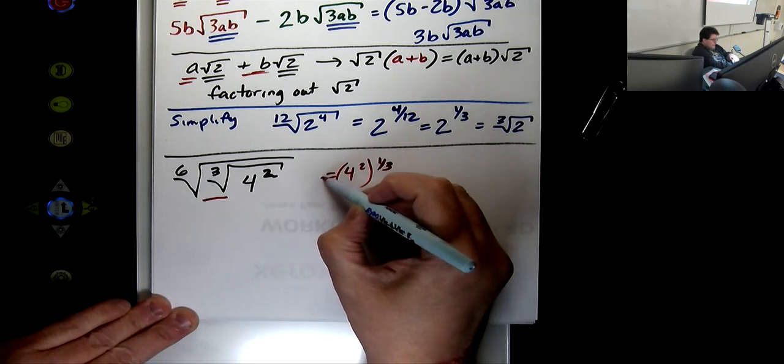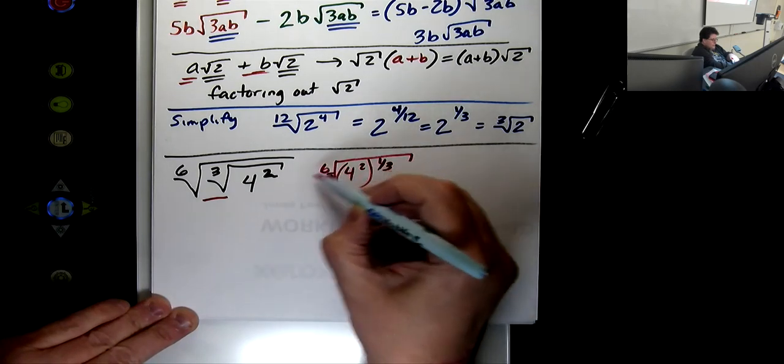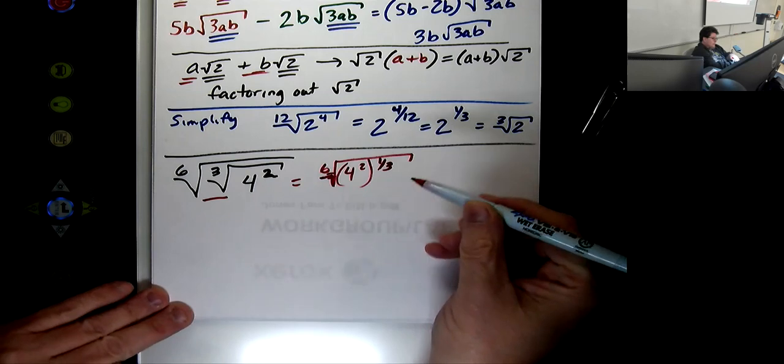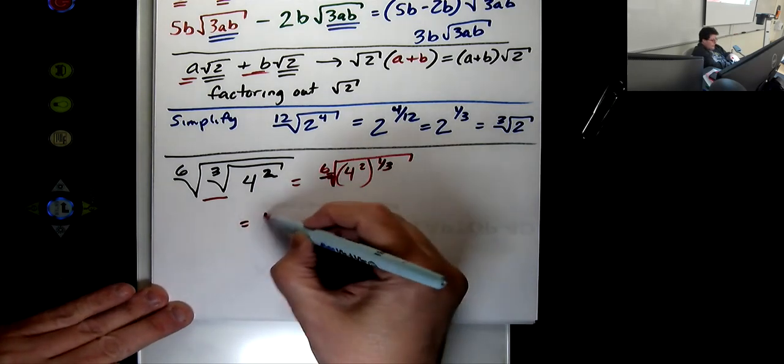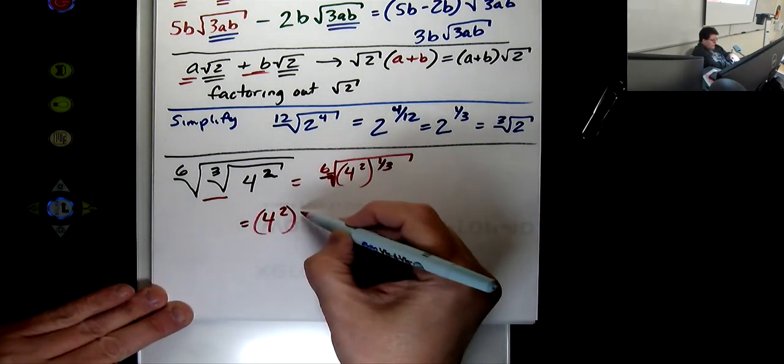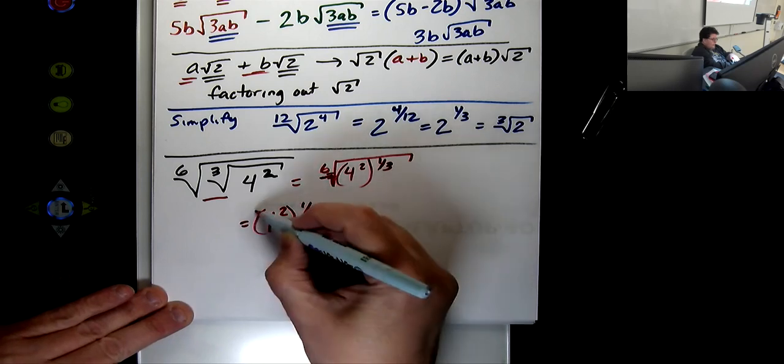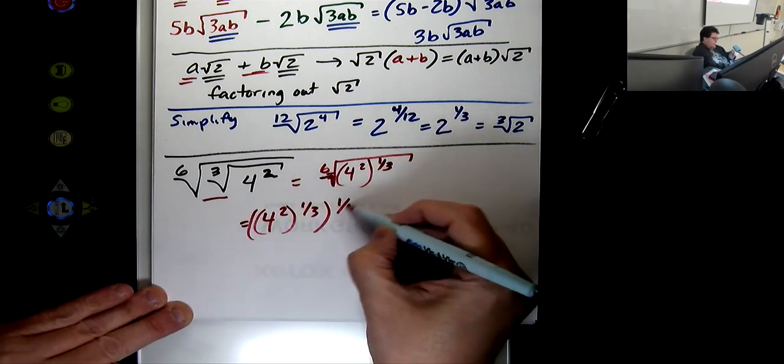But I'm still inside the 6th root right there. So I could do the 6th root also. I could have 4 squared raised to the 1/3 power, raised to the 1/6 power.